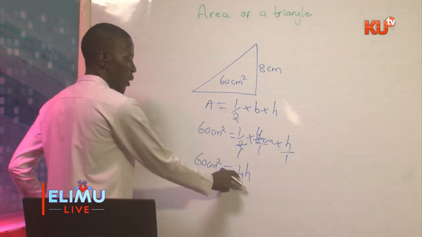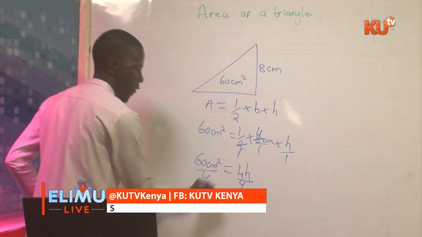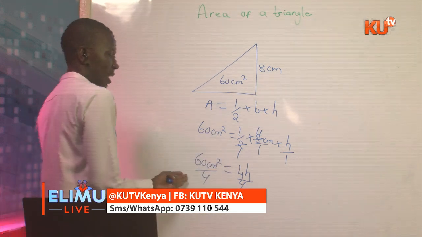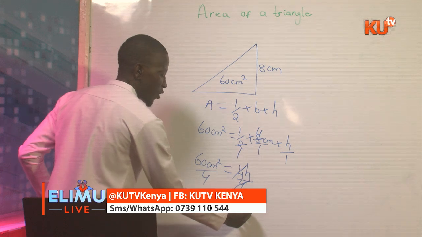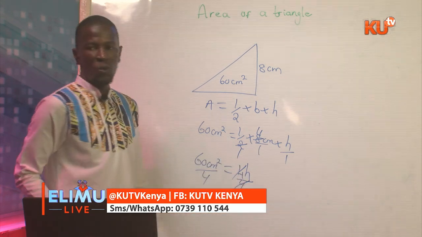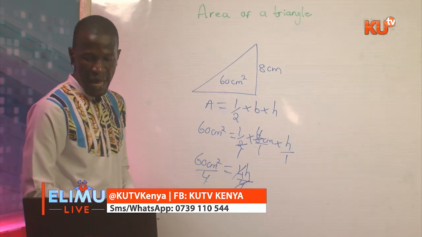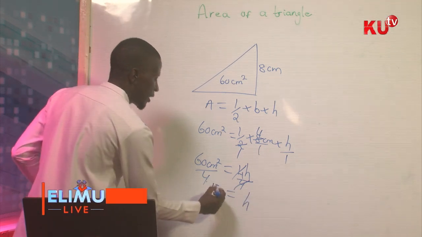And how do we do away with this 4? You divide both sides by 4. What you do this side, also do it this side. So let 4 go with 4 so that you remain with h, which is height. Then 4 goes into 60 how many times? 4 goes into 60 15 times.